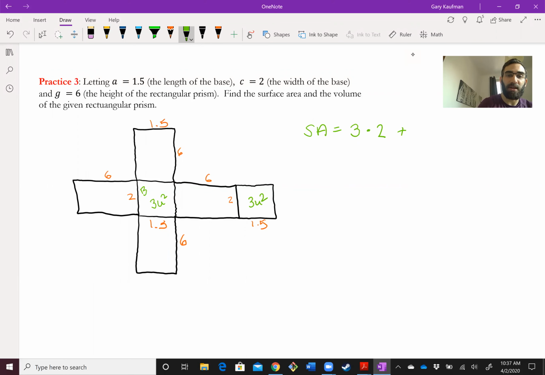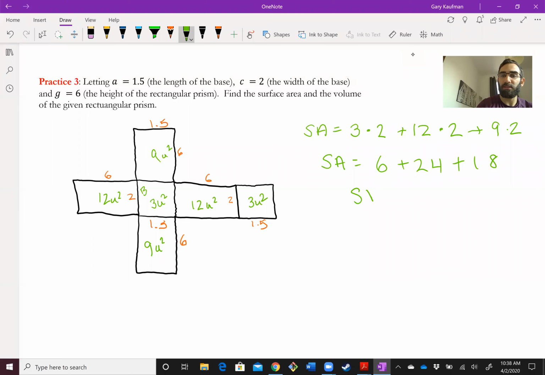I then have a 6 times 2. This is 12 units squared, so plus 12. But again, I have 2 of them. Here's the other one right there. Plus, I have 9 units squared from right here. But again, I have 2 of them because of right here. So my surface area is 6 plus 24 plus 18. So my surface area is 48 units squared.